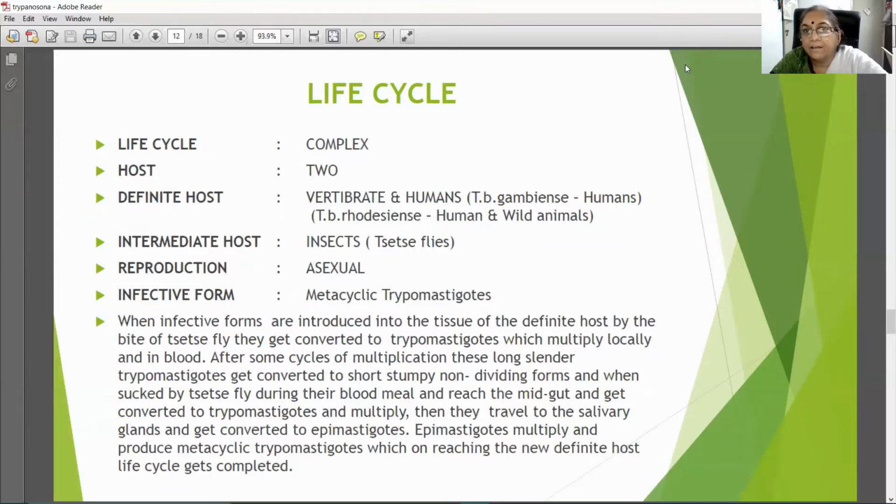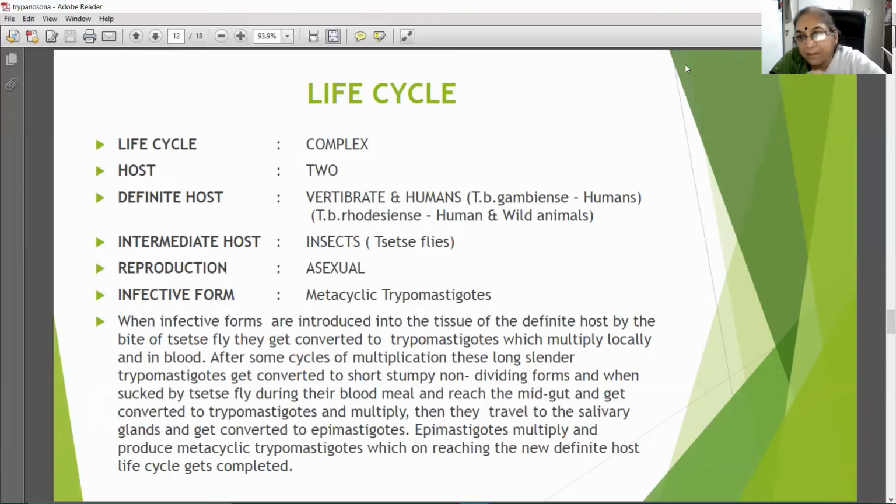And when a new tsetse fly bites the human being, these short, stumpy, non-dividing forms enter into the tsetse fly and reach the midgut.